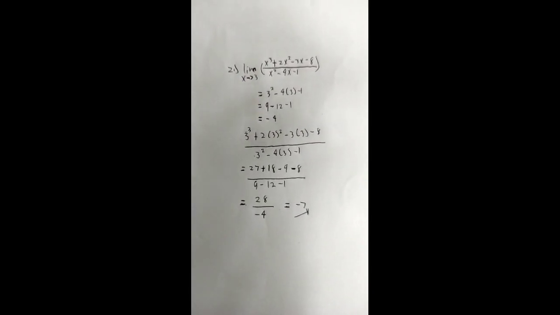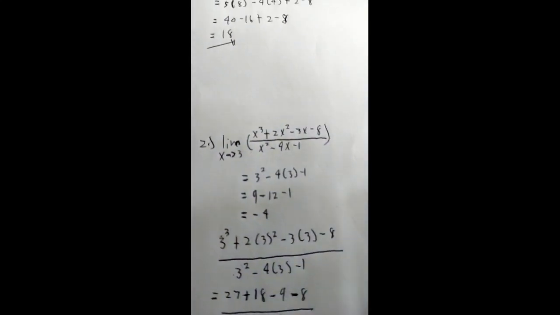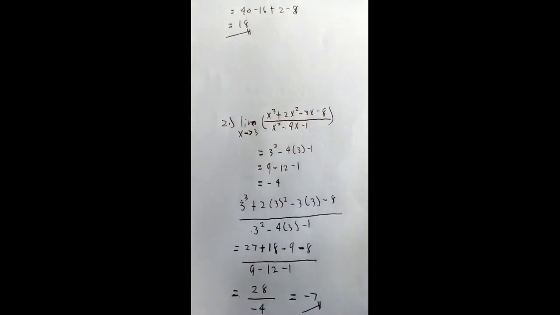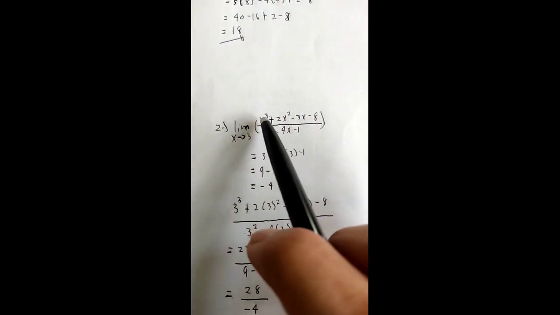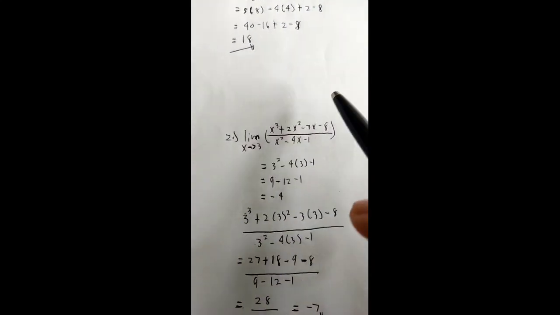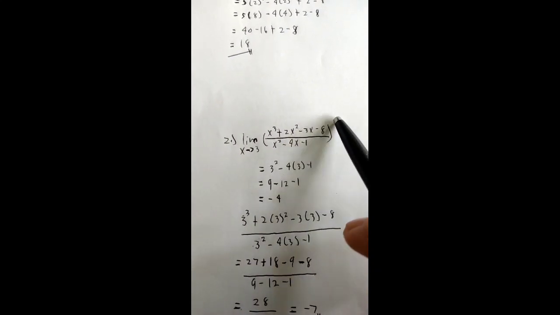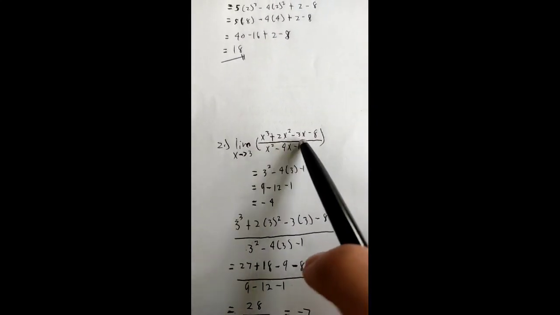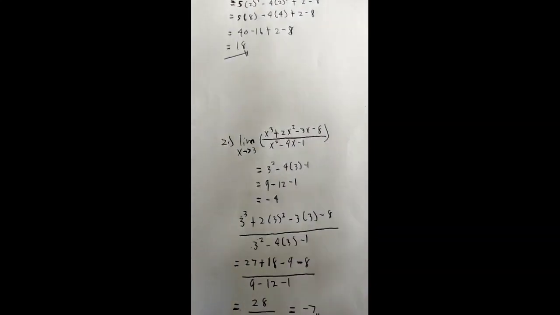So for example number 2, on the limits of an algebraic function, you can see here we have a rational function. It says here the limit of x cubed plus 2x squared minus 3x minus 8 all over x squared minus 4x minus 1 as x approaches 3.